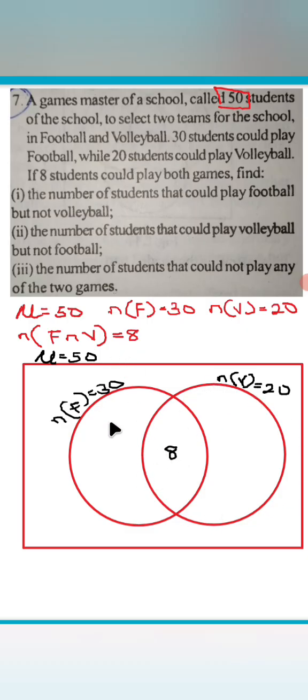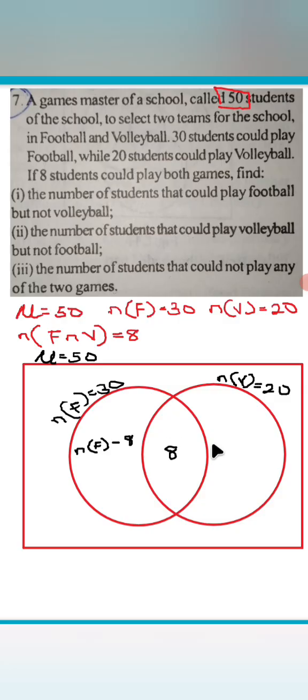So now what I will have inside this place here is number of football minus 8, which means the total number of students that play football is 30, but minus those that play football and volleyball. That gives us those that play football only.